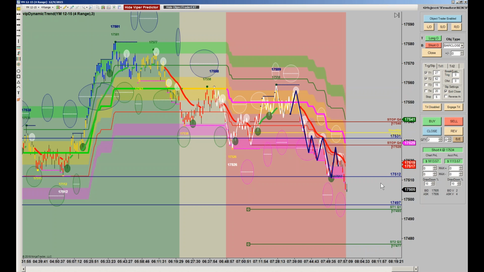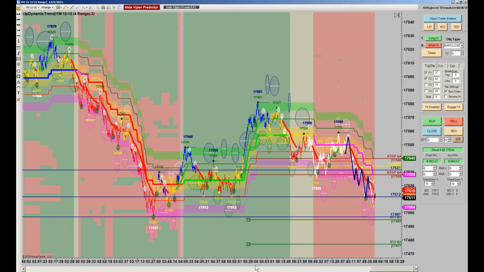Where do you think more than likely this thing is going to come back and check? It's going to come back and check where it broke down, right? And each time it does that is when you want to add contracts or take away contracts, just like I talked about in the room this morning.